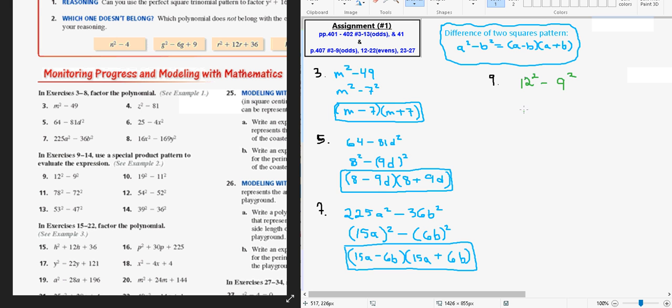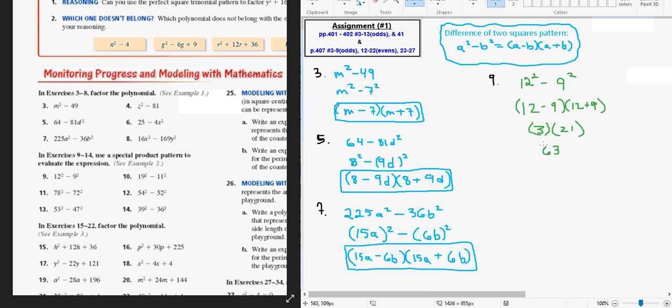If this is a squared minus b squared, and we factor this into a minus b times a plus b, this becomes 12 minus 9, there's your a minus b, times 12 plus 9, there's your a plus b. Those are pretty easy to compute. 12 minus 9 is 3, and 12 plus 9 is 21. And 3 times 21, that's much easier than 144 minus 81, in my opinion. 3 times 21 is 63.